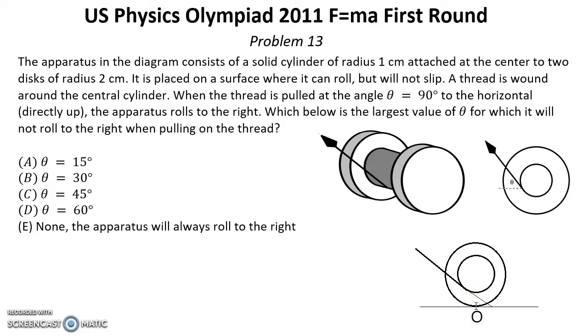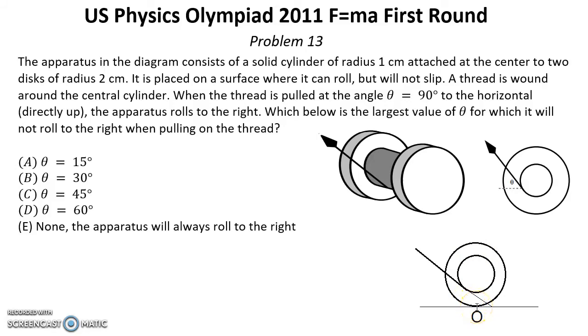And if we look at this picture, we have the force of friction going through point O. Also the force of gravity goes through this point O, and the normal force goes through point O. All these forces create zero torque for this construction around point O.